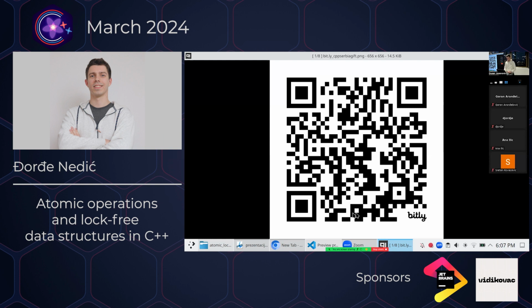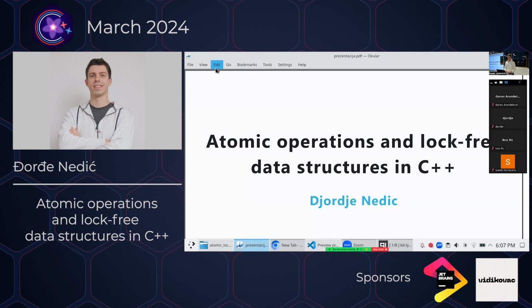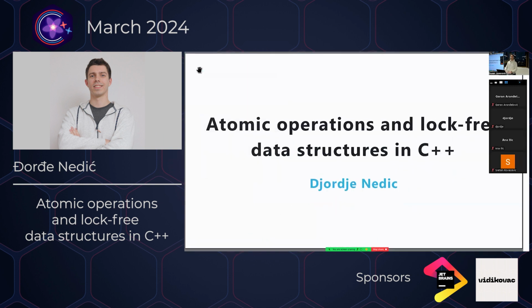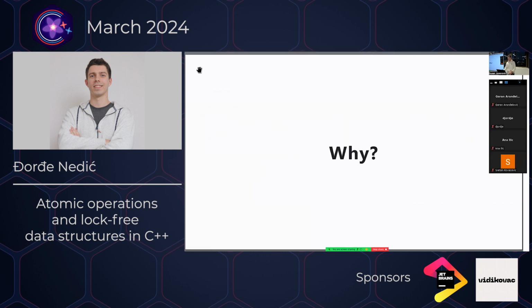So today I will be speaking about atomic operations and lock-free data structures in C++. And to start off, why? So why do we need atomic operations? Why do we need lock-free data structures?